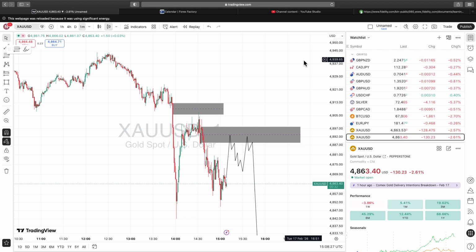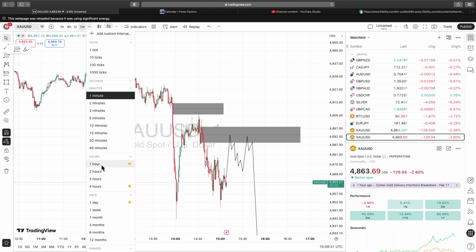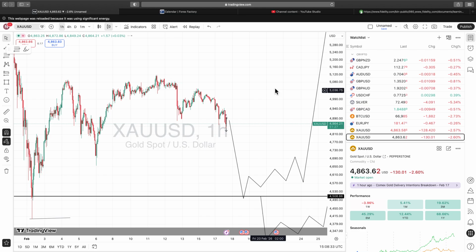And always know that when you're doing top-down analysis, if you find out that the monthly time frame is selling, weekly time frame is selling, and you find out that the daily time frame is buying, you should wait for the daily time frame to start selling, or look for entry of a sell on the daily time frame, because all those time frames must align.